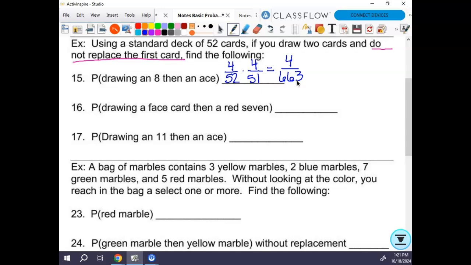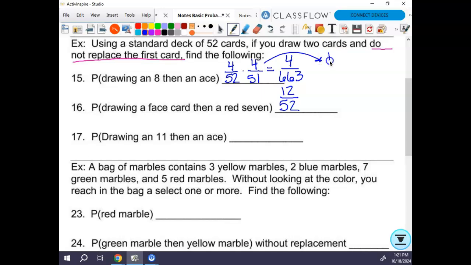All right, probability of drawing a face card. How many face cards are there? 12. Okay, so that's a 12 out of what? 52. Okay. Oh, we do multiply, but when this is reduced, multiplied and reduced. I'm sorry. I probably shouldn't have skipped that.